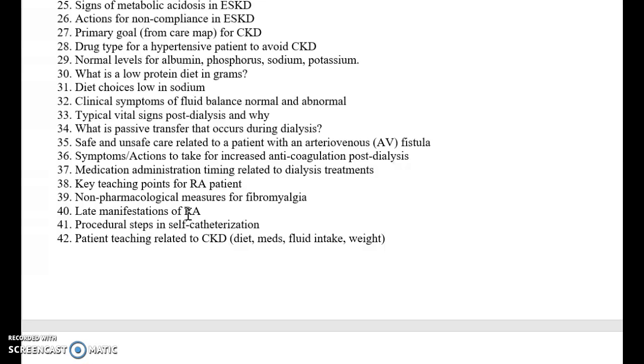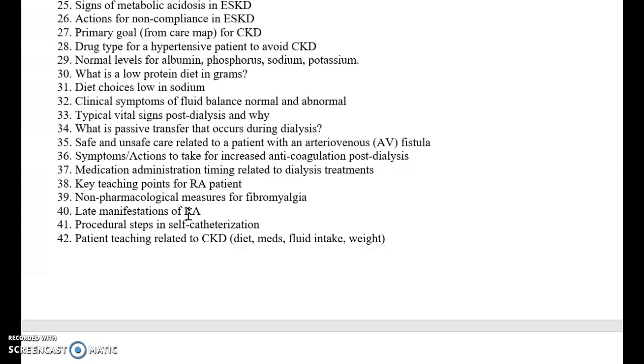Some of those are complementary alternative treatments. Make sure that you're familiar with which ones that are given or used for fibromyalgia to kind of help with pain relief or distraction. Also know what are some of the late manifestations that you will see with rheumatoid arthritis.